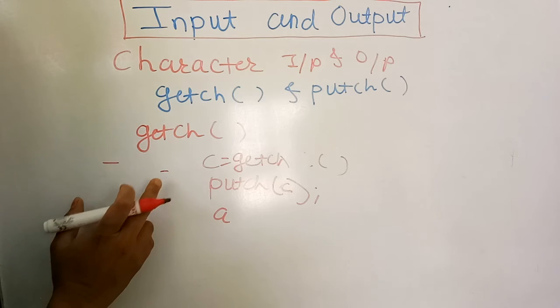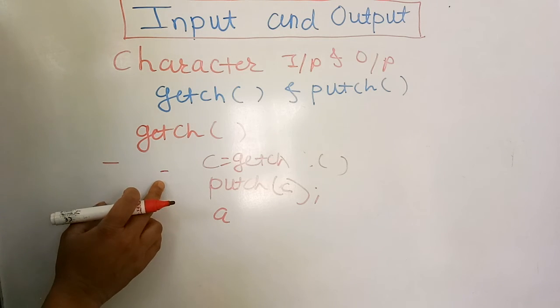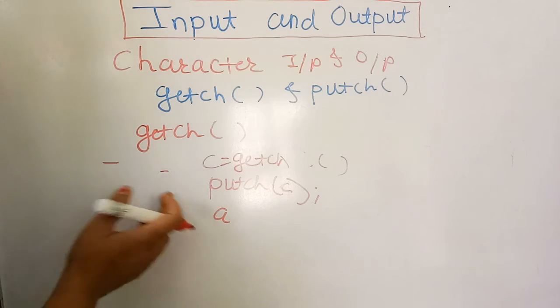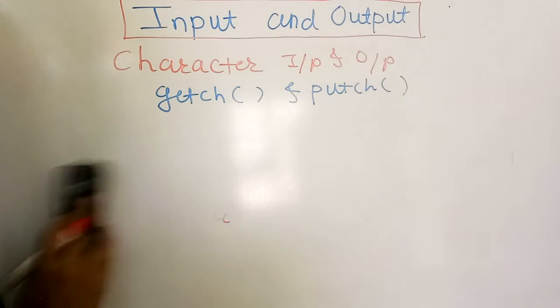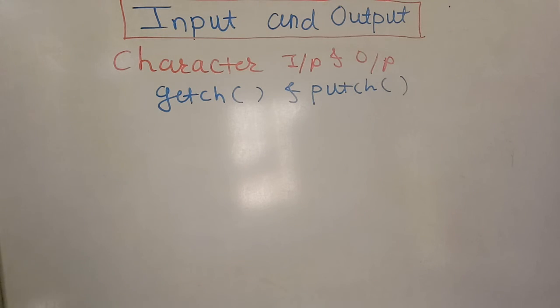When it was typed by the user, it was not printed on the console, but with getChar, it is also printed while accepting it from the user. So this is the basic difference between getChar and getch.